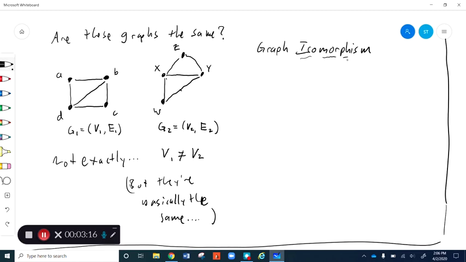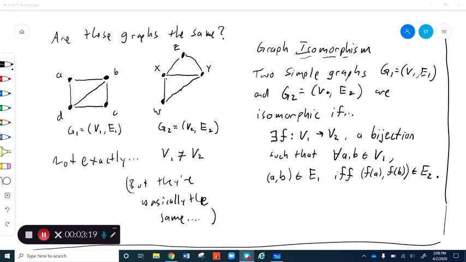So I'm going to pause the video and write down a definition. All right, so there is our definition for graph isomorphism. Let's look at it. Two simple graphs, and this can be extended to non-simple graphs, but we'll begin with the simple graph version.